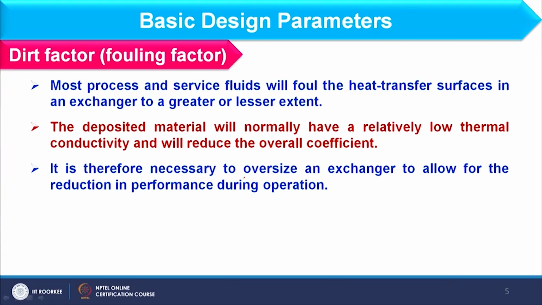The heat transfer coefficient of dirt is reciprocal to the dirt factor value. So, as dirt factor increases, overall heat transfer coefficient decreases. So, where am I compensating? If I consider a dirt factor which reduces the overall coefficient, and you consider Q is equal to U A delta TLM, what I am doing basically is increasing the area, because I am decreasing the overall heat transfer coefficient.